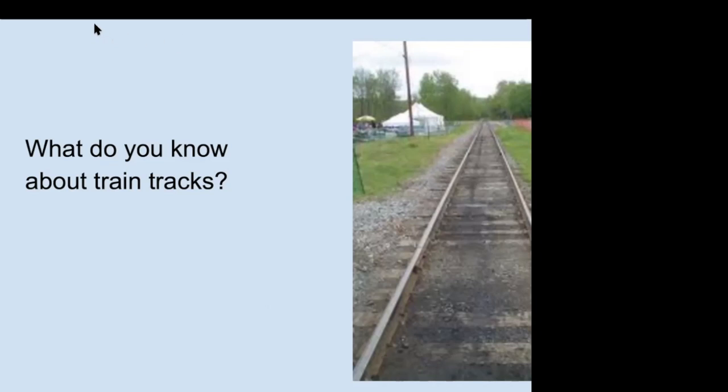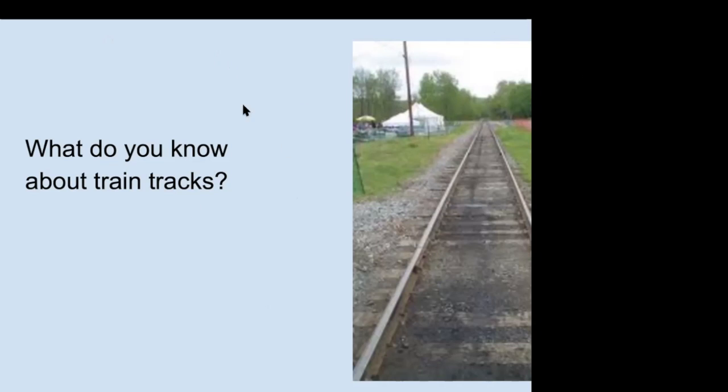So yeah, when it's parallel lines, it means that if you traced lines along it, they would never cross each other. Right, and that would be a huge problem if a train were on two tracks that intersected, that train wouldn't go very far. So it's very important that these tracks are parallel.